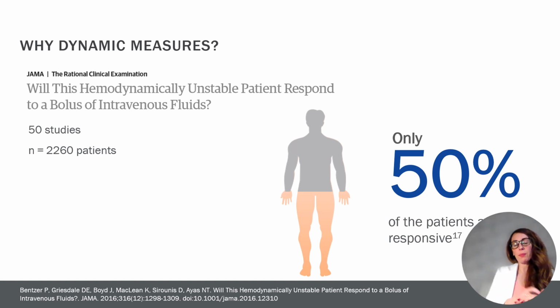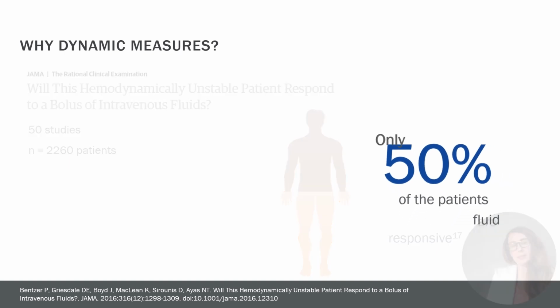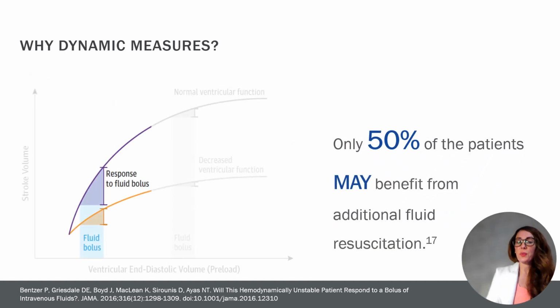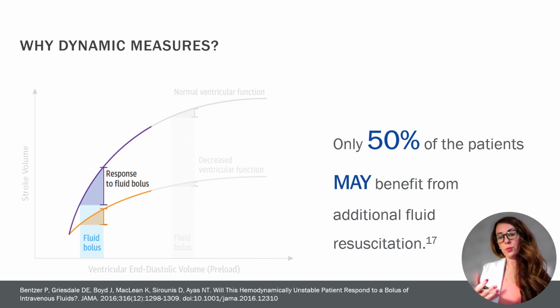And then after that point, if they were still hypotensive, what this study actually showed is that only 50% of the patients were fluid responders. So let's break down what that means. What the meta-analysis showed is that only 50% of hemodynamically unstable patients were actually on the ascending limb of the Starling curve, and that meant that at that point in time, only 50% of those patients were maybe going to benefit from additional fluid resuscitation.